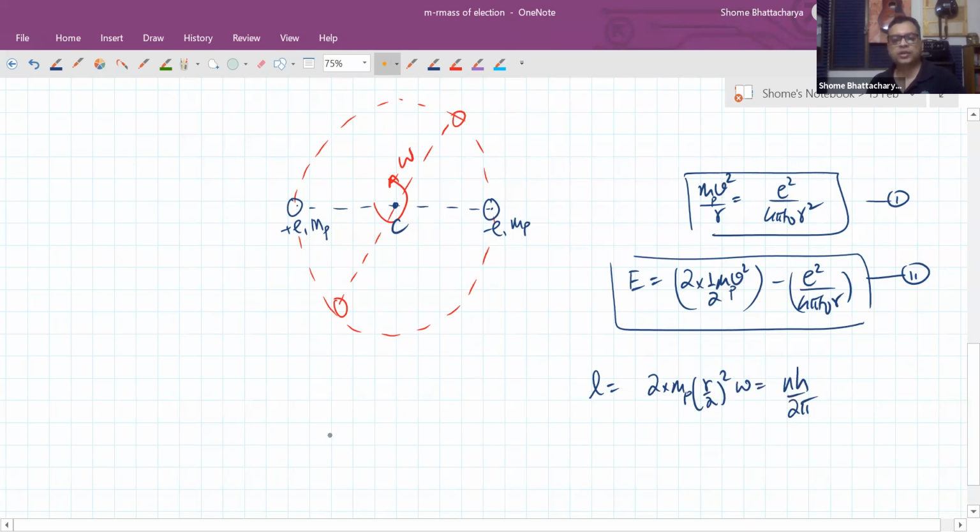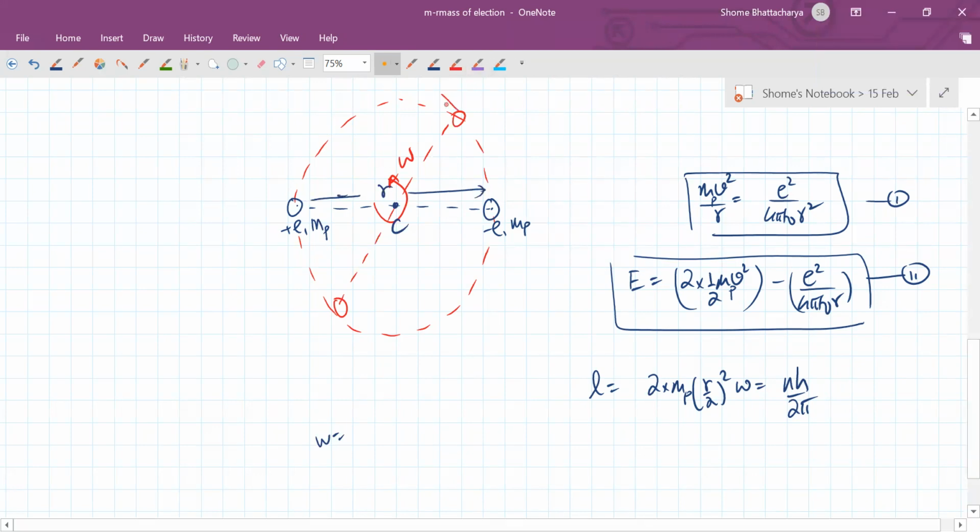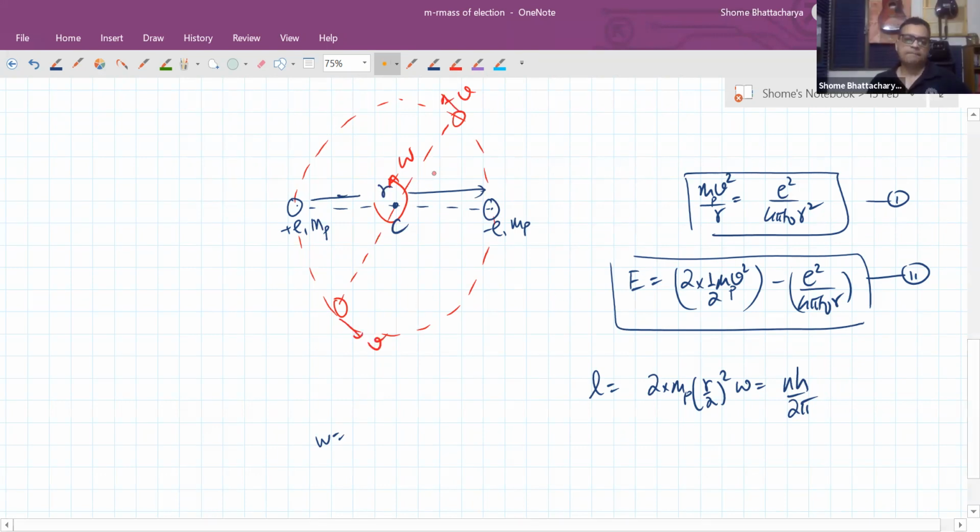And omega we can put as, see, this whole distance is r. So this has orbital speed v like this. The orbital radius is r by 2. So v has to be substituted as omega r by 2.